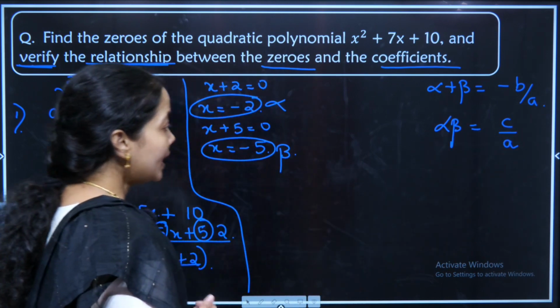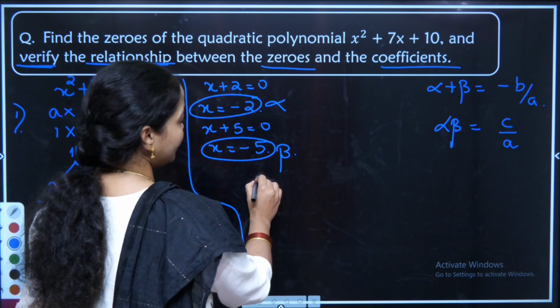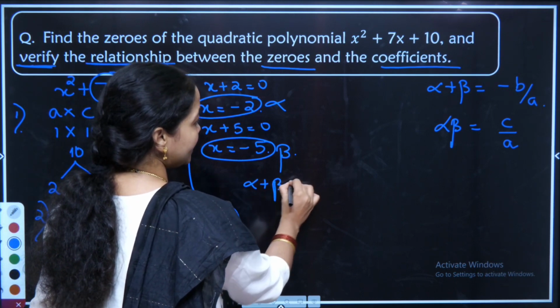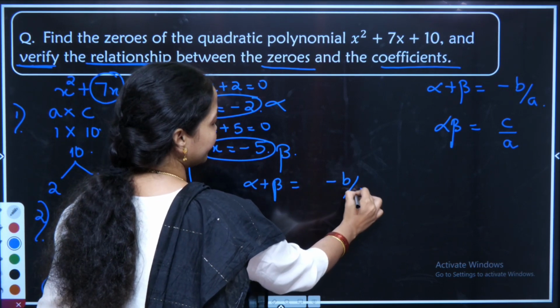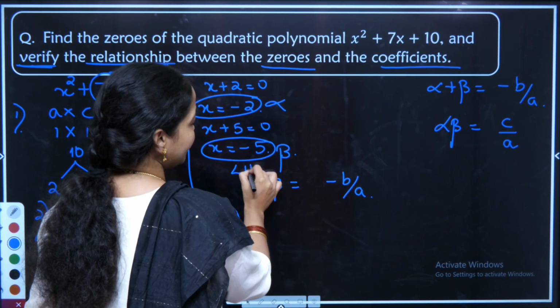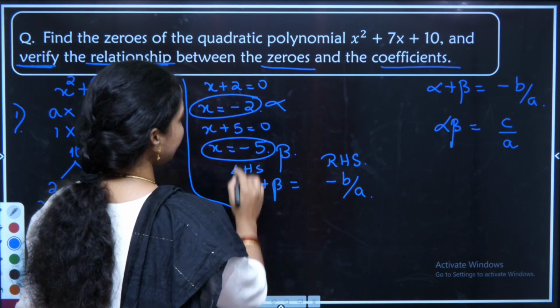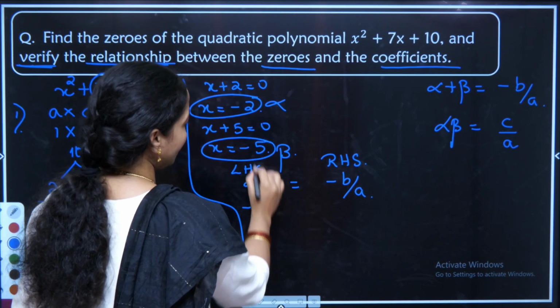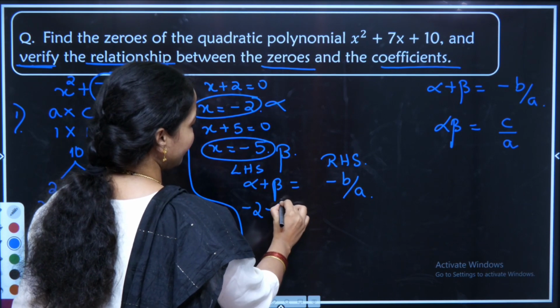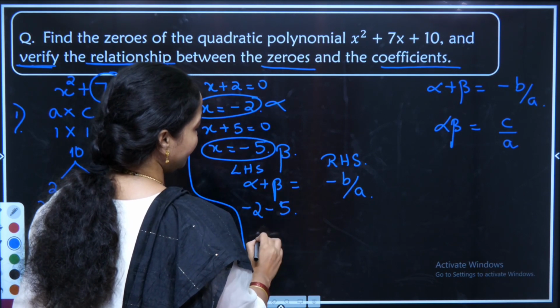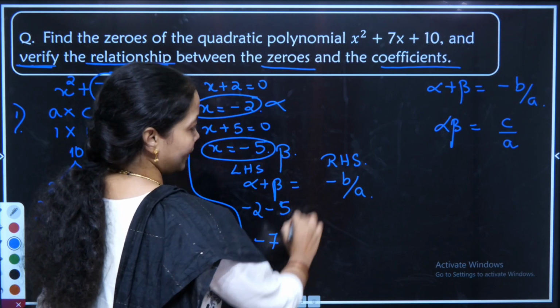So whenever I have to verify, I will say first alpha plus beta is equal to minus b by a. I'll consider this as LHS, this as RHS. Let us substitute. What was alpha? Negative 2. What was beta? Negative 5. So both added together is negative 7.